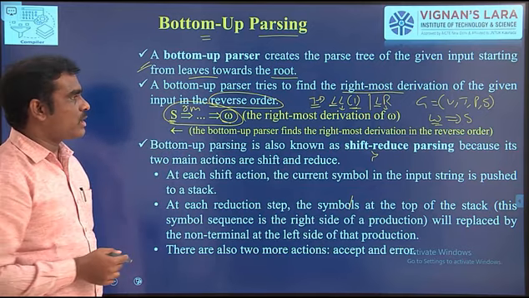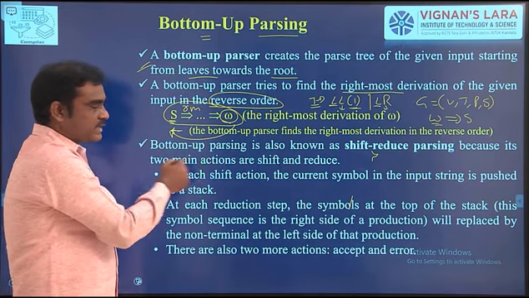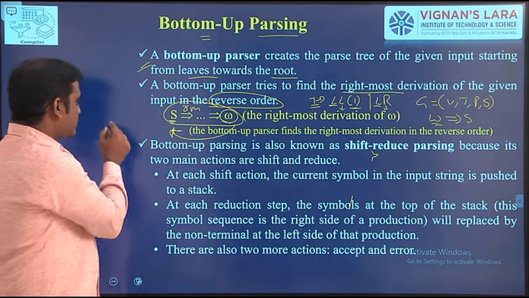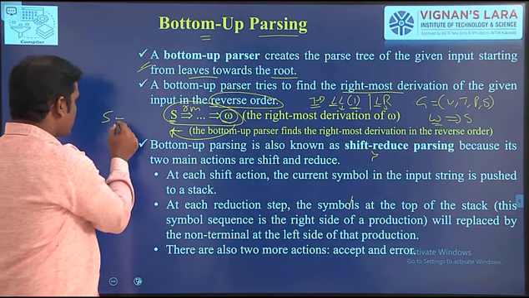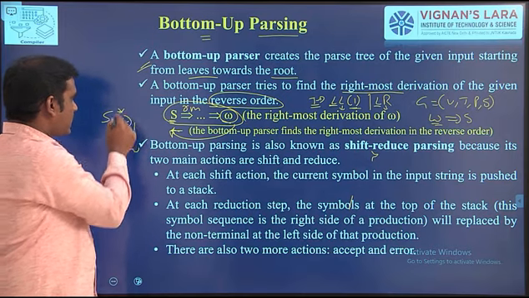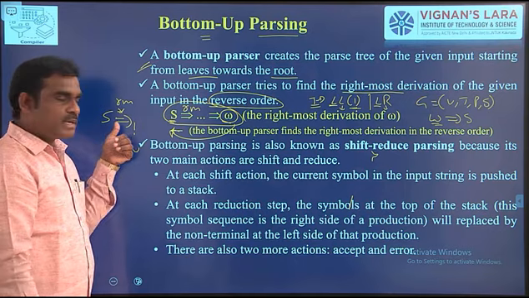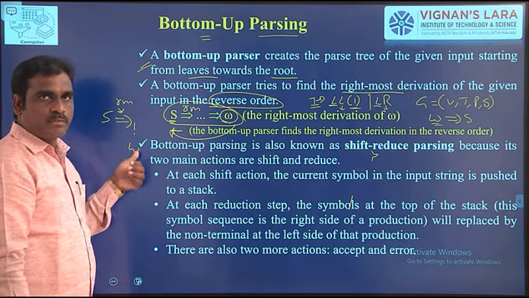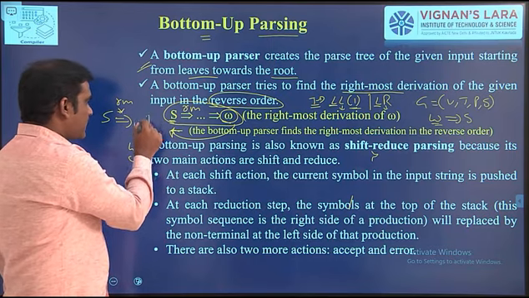How to construct a bottom-up parser means simply the reverse of the rightmost derivation, like this. This is rightmost derivation. It starts with starting symbol and derives input string. So bottom-up parser means the reverse of rightmost derivation.